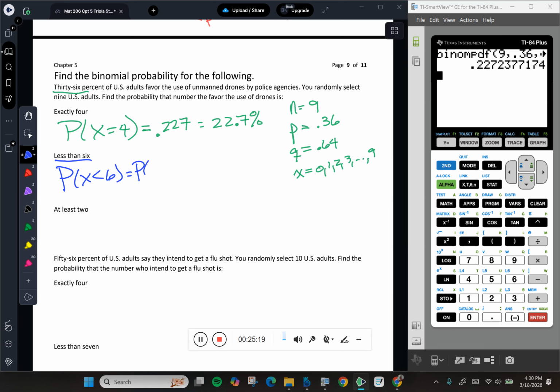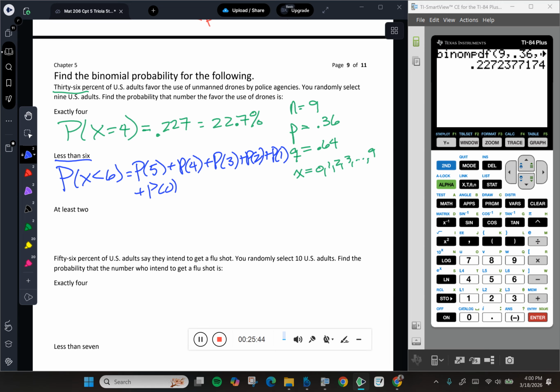So that means we need to find the probability of 5 plus the probability of 4 plus 3 plus 2 plus 1 plus the probability of 0. I'm not doing that. That is way too much work. I could, if I had nothing else to do all day, but I'm not going to do that.